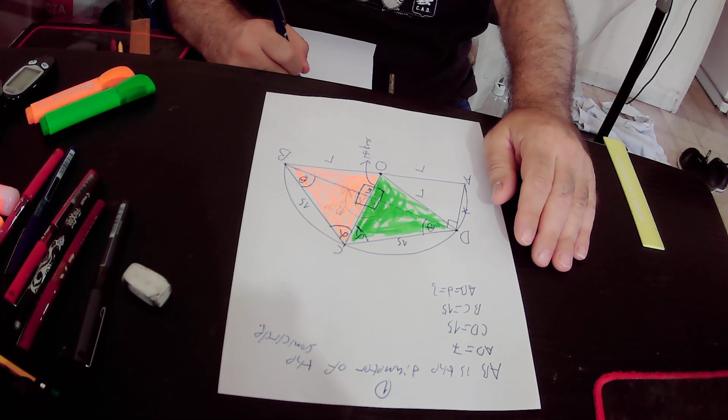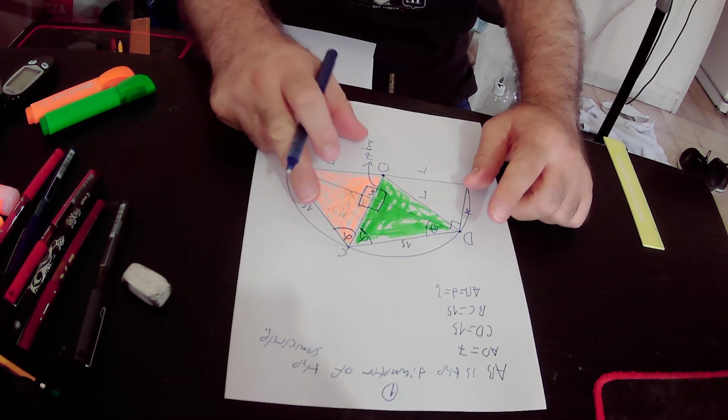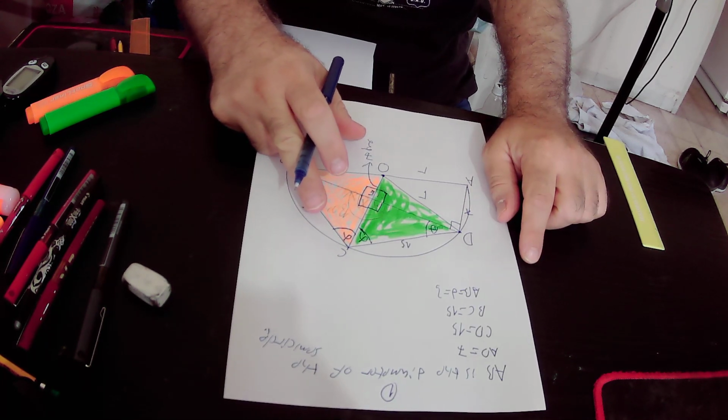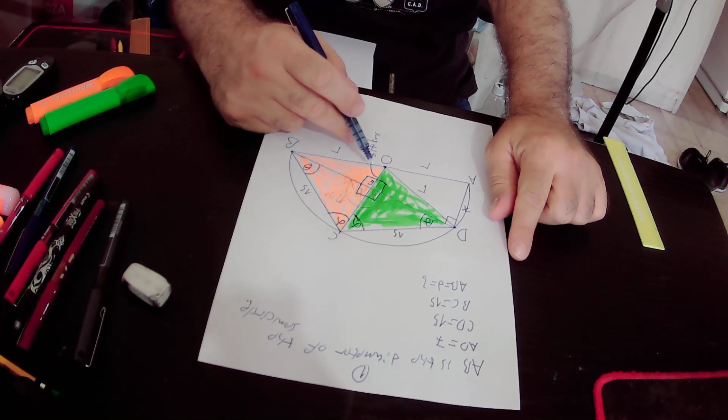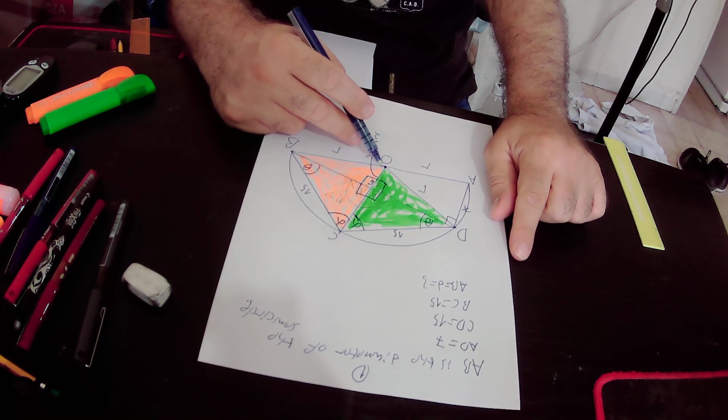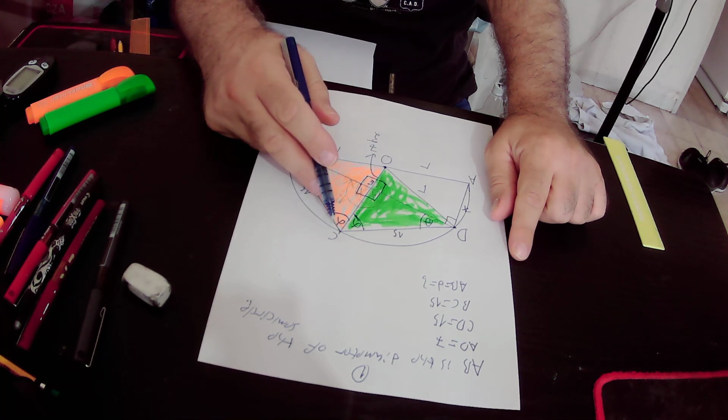What is the value of OC? OC is the radius of this semicircle, because it starts from the center of this semicircle and ends at point C, that is a point on the semicircle itself.